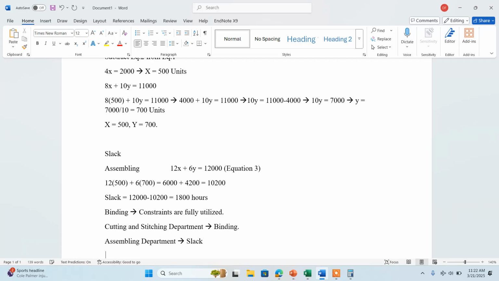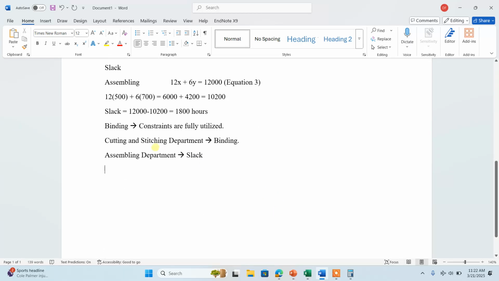Okay, the question arises, should we go for additional resources in the binding department, which may help us to utilize the slack? That is known as shadow price.